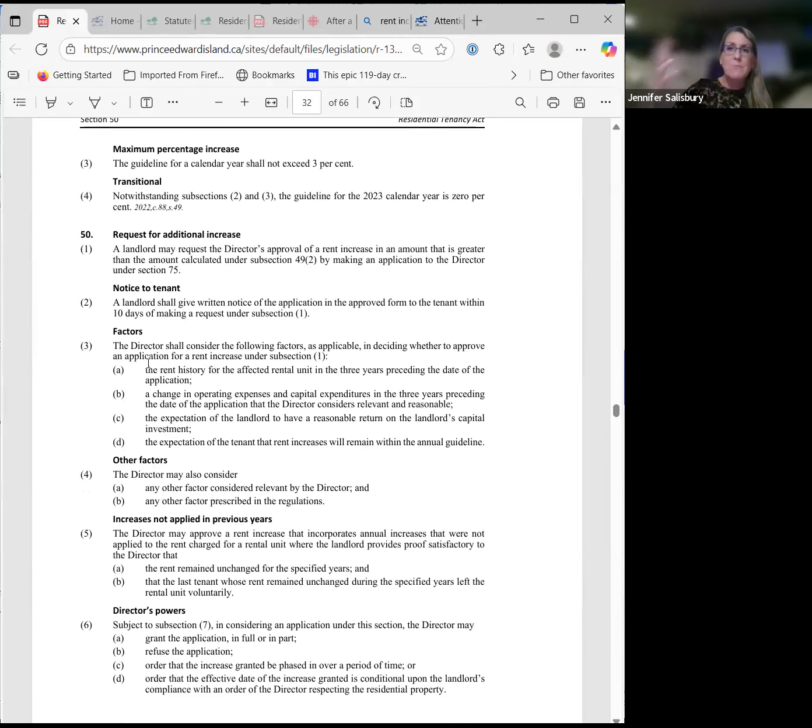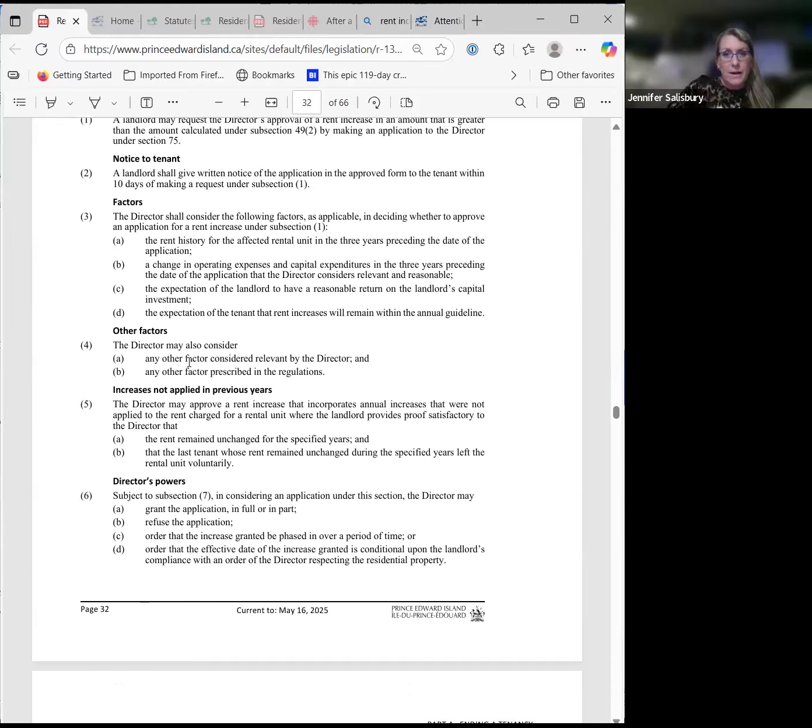Basically, the tenant's going to get more for their money, and so they're making application to the director saying, look, I'd like more rent because I'm doing all these amazing and fantastic improvements on the property. They're going to get a better value. The only problem with that is that the tenant may not be able to afford the new unit, even though the amenities are going to be spectacular. They will probably leave. They might leave. That's always an option, right? Okay.